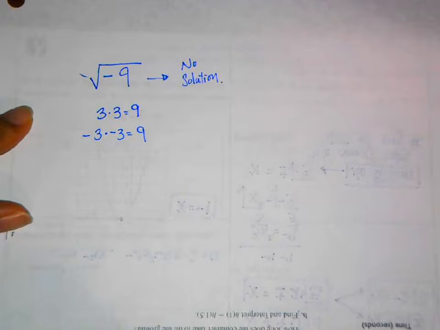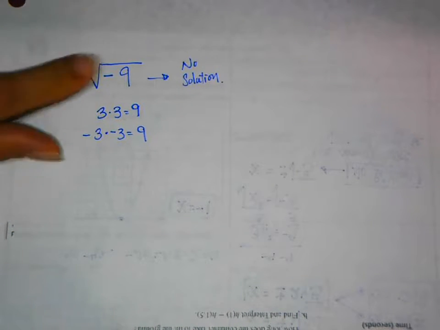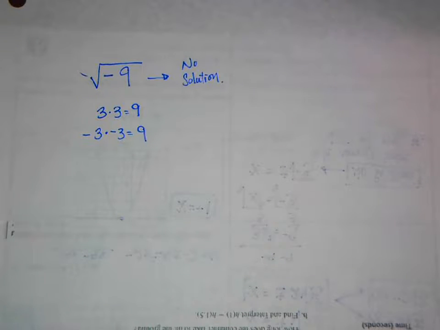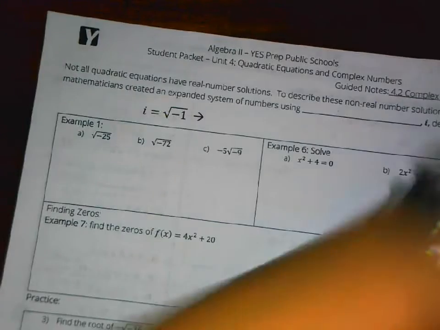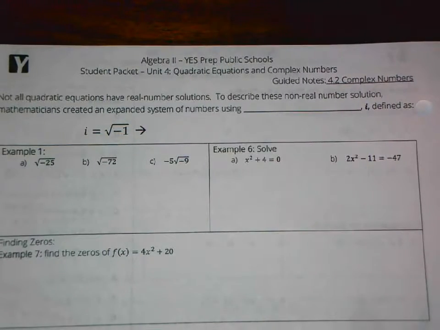What I'm going to tell you today is there's actually a whole other set of numbers that represents square roots of negative numbers. And that is what we're doing in our notes for today.